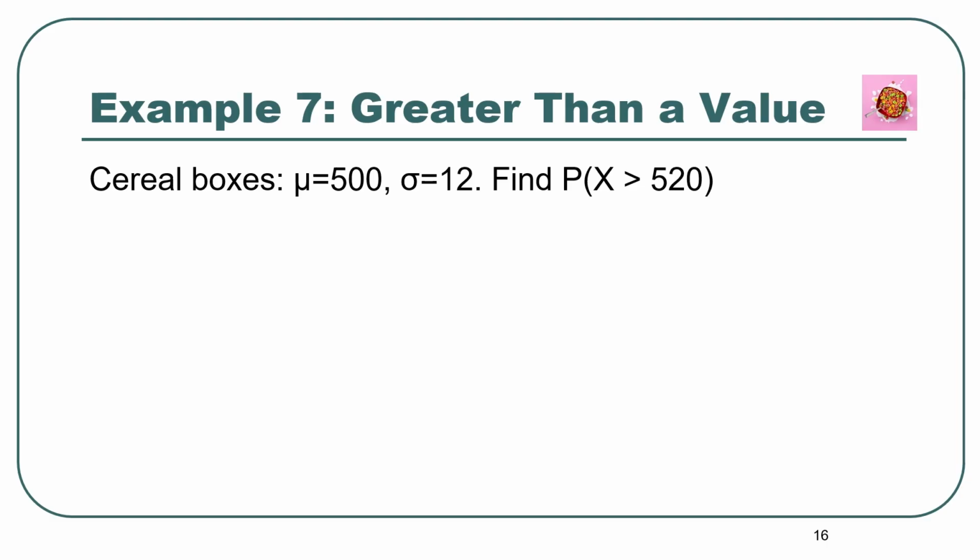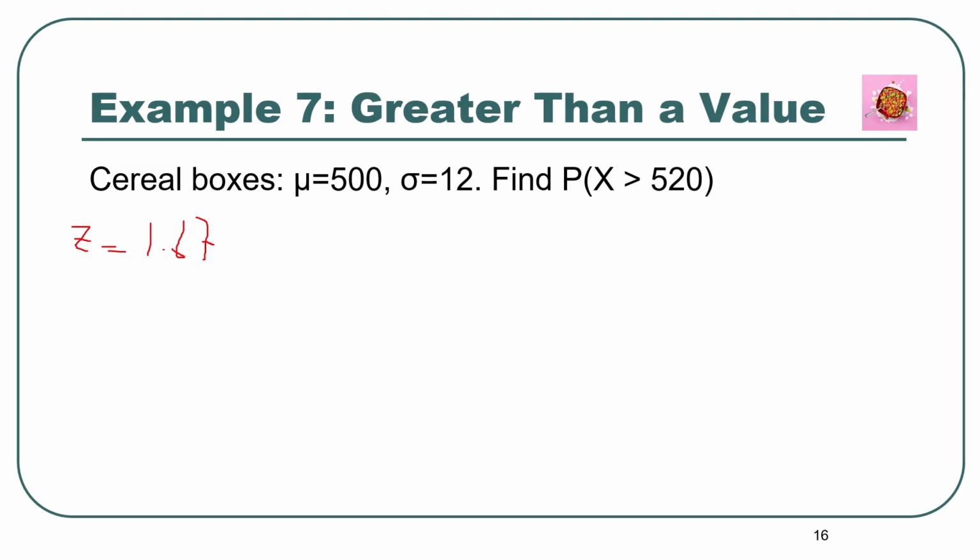So a machine fills cereal boxes with mean equal to 500 and sigma equal to 12 grams. Find the probability a box weighs more than 520 grams. This is again in terms of x, and we want to convert it in terms of z using our z-score, which is 520 minus 500 over 12, and that will give me 1.67, as we have seen how to apply this formula before.